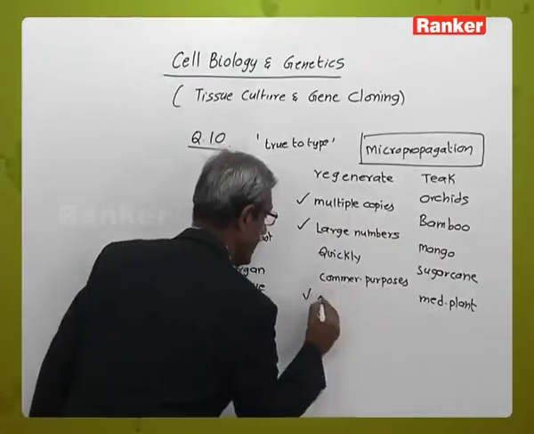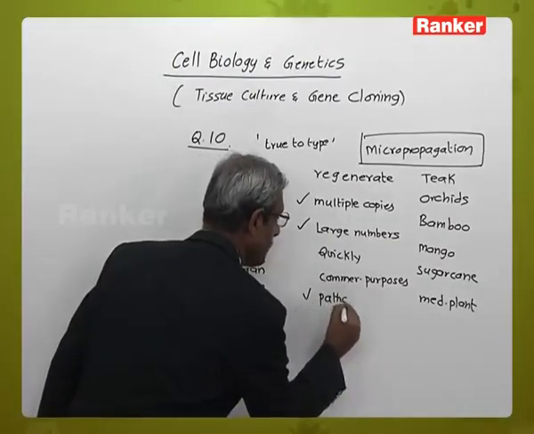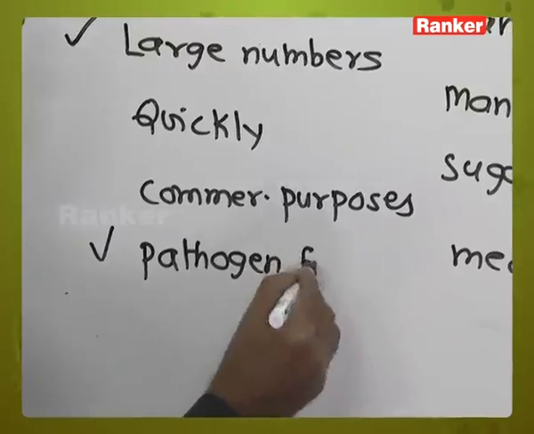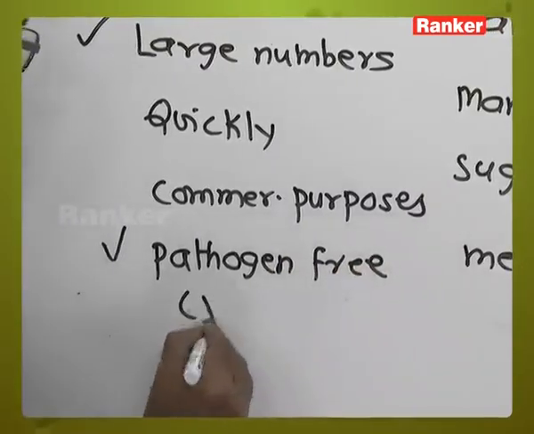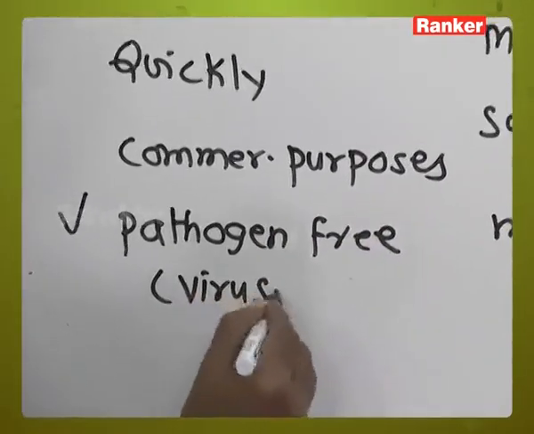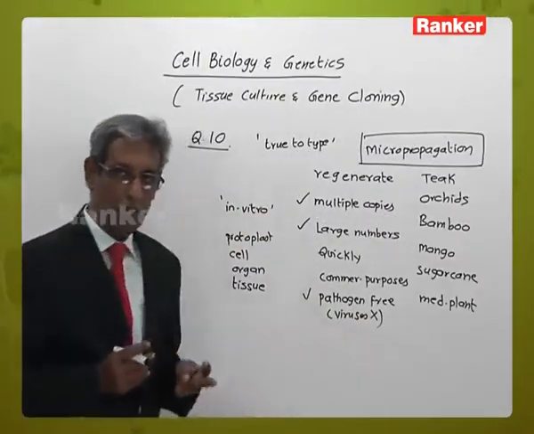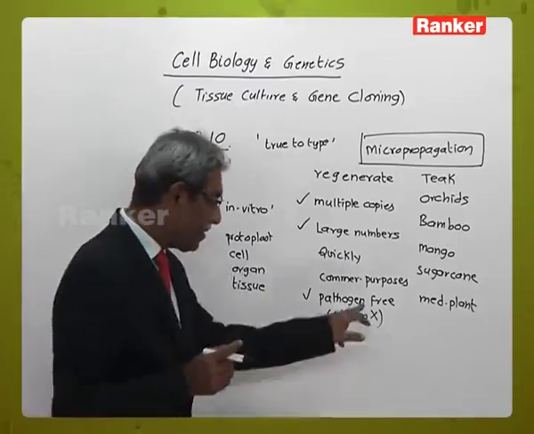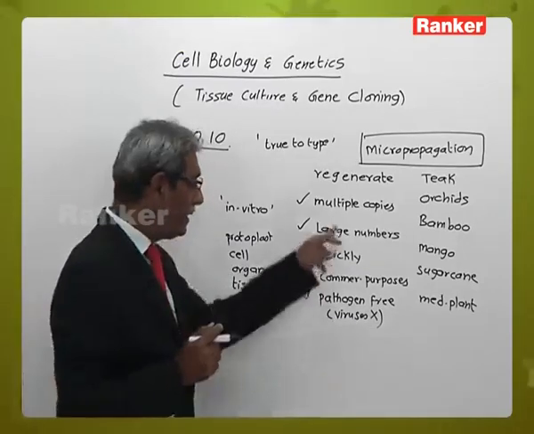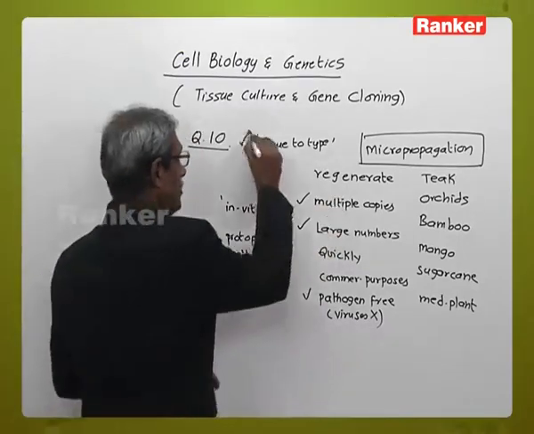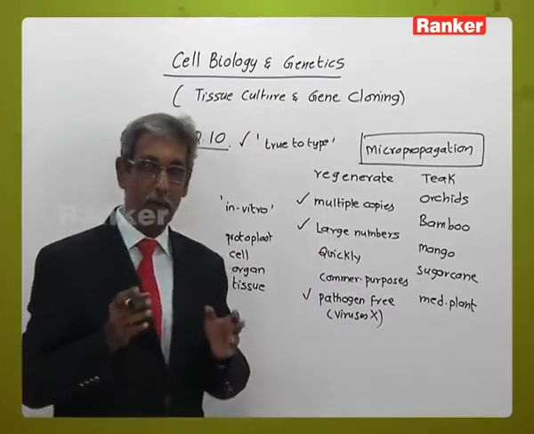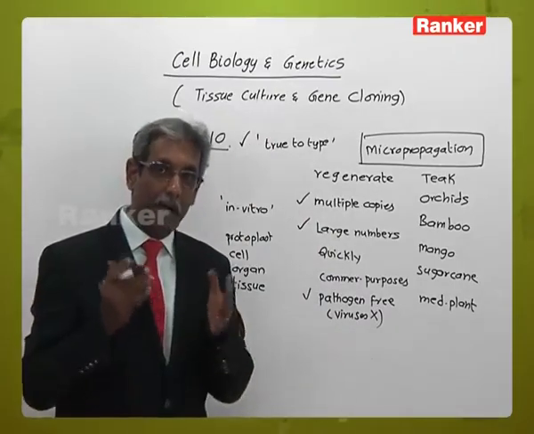The most important thing is they are all pathogen free. That is, they do not have viruses. So micropropagation is one method wherein you can get pathogen free material and they are true to type. Because they are true to type, it is very useful for reclaiming large lands.